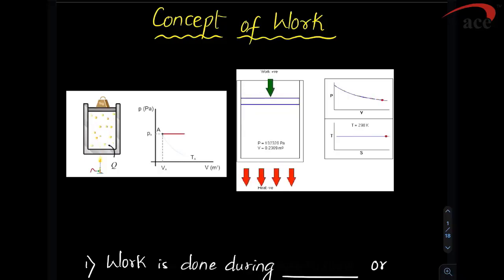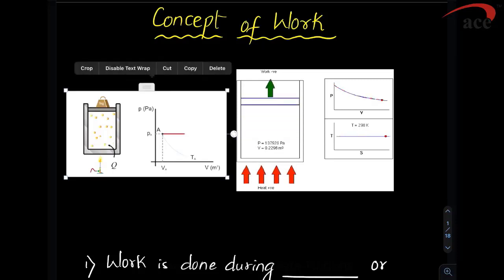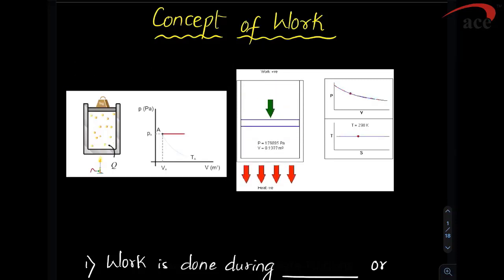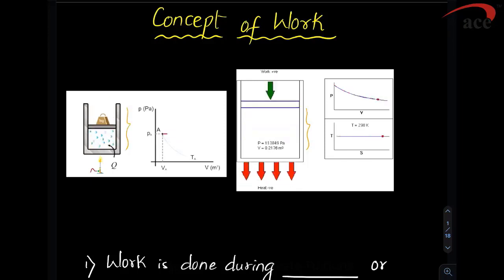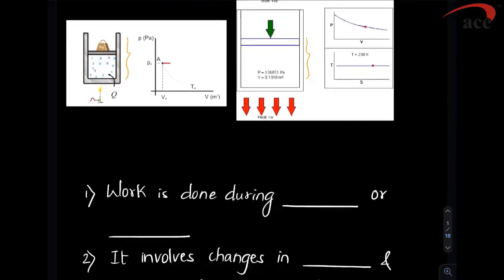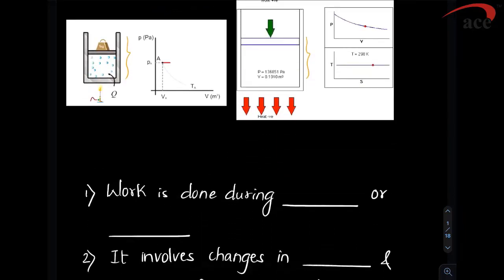Concept of work. If you see any process, you will realize there is expansion and contraction. Expansion and contraction is responsible for work. So, work is done during expansion or compression.